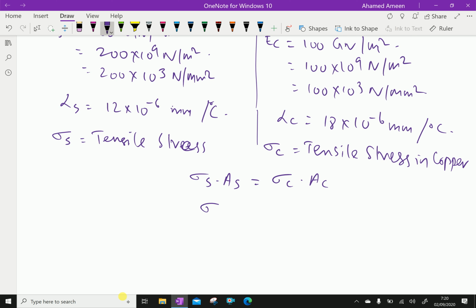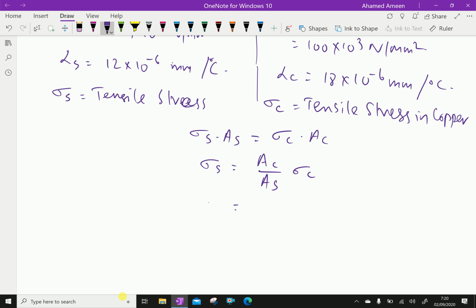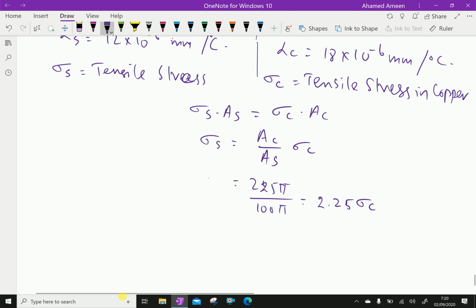Therefore, sigma S equals area of copper over area of steel into sigma C. So here 225 pi over 100 pi, the areas of copper and steel we found before, which is equal to 2.25 sigma C. So sigma S equals 2.25 sigma C.